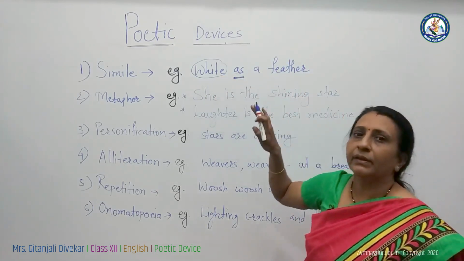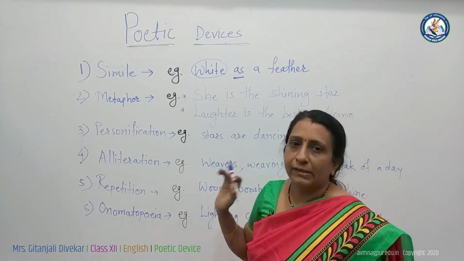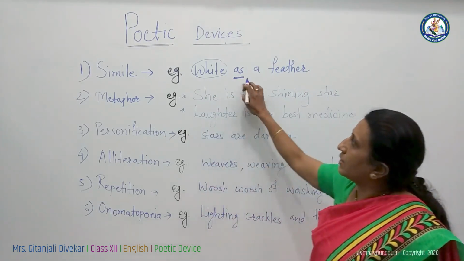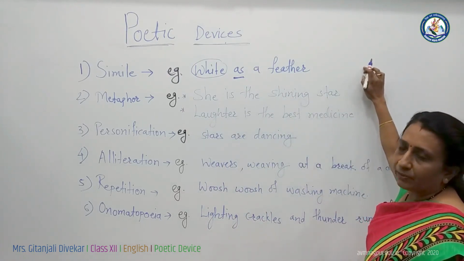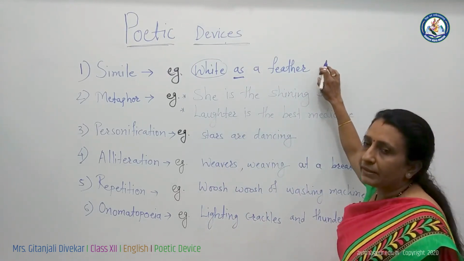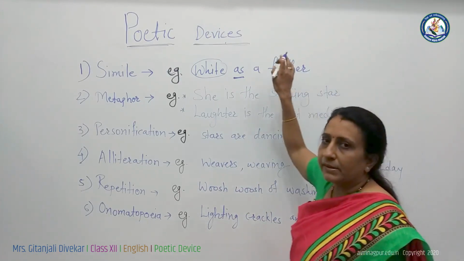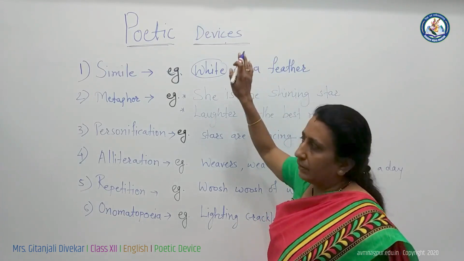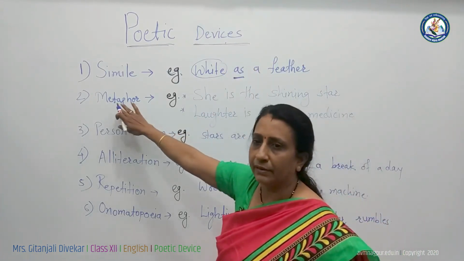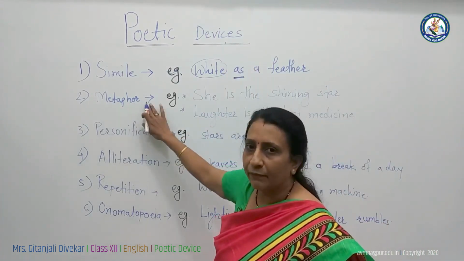But remember, you have to give the explanation. That means why this is a simile. So while writing the explanation of that example, you must write direct comparison is given. Is it clear?